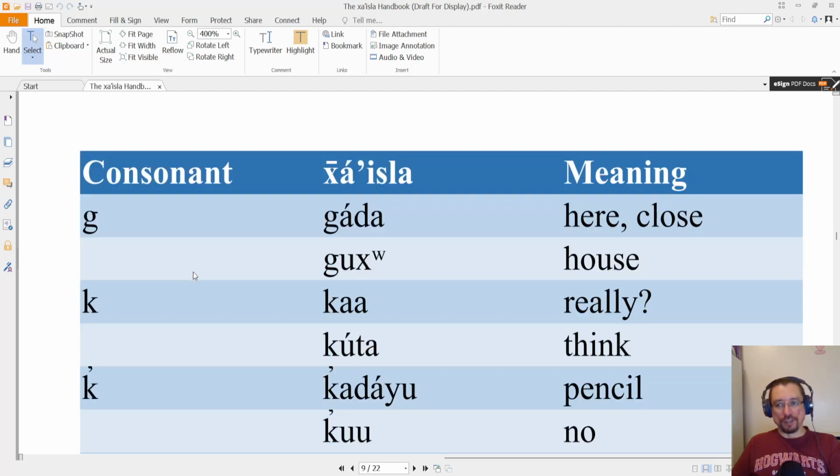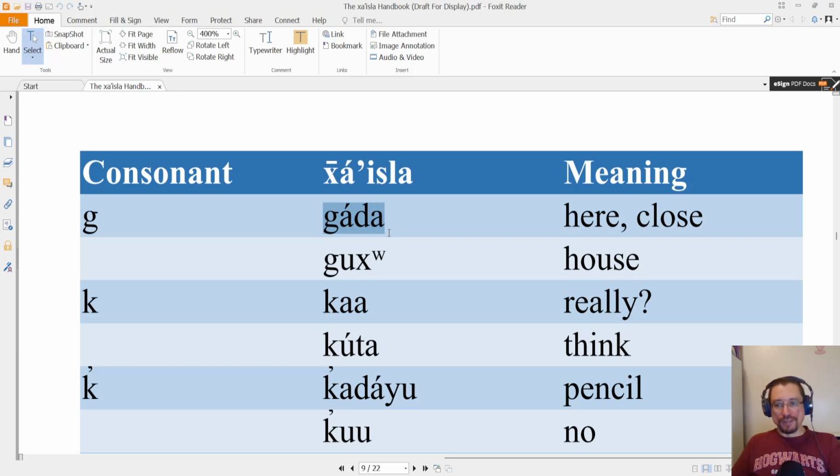There are more examples for this one because this G is going to sound different depending on the vowel that comes after it. And this is actually kind of an abbreviated list.